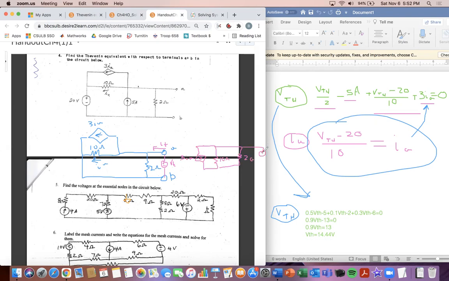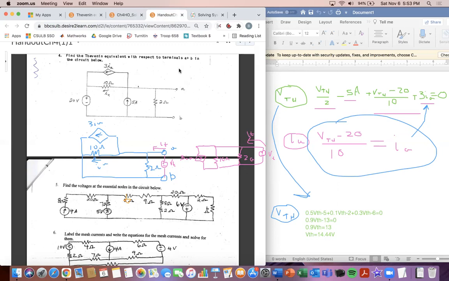So our voltage from test. Now we're going to have to make our equations here. So VT for test voltage and our IT going here. If we want to solve for this test voltage, think of the current going in having to be equal to the current going out.